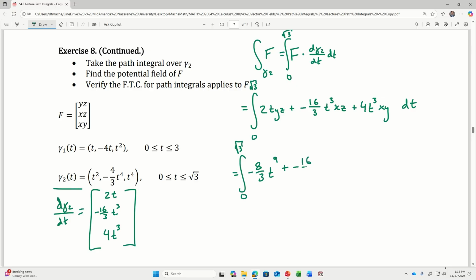Plus negative 16/3 times x times z, which is t to the 6th times t cubed is t to the 9th. And then 4 times t cubed times x times y is t squared, t to the 4th. It's also going to be t to the 9th. Negative 4/3 times 4 is negative 16/3 again. dt.